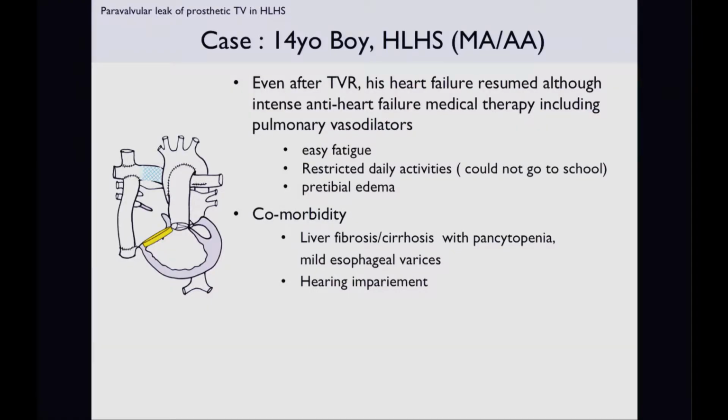Even after TVR, his heart failure persisted despite intensive anti-heart failure medical therapy, including pulmonary vasodilators. He had easy fatigue and restricted daily activities, could not go to school, and also had pretibial edema. His morbidities are liver fibrosis and cirrhosis with pancytopenia, mild esophageal varices, and hearing impairment.